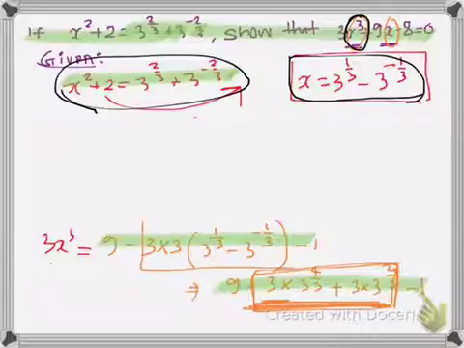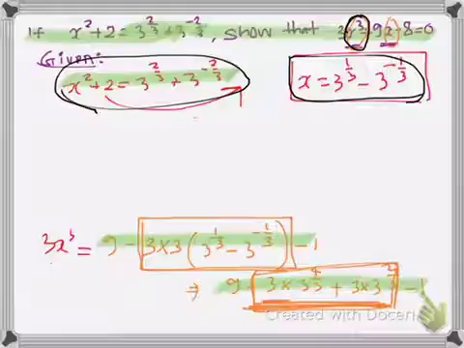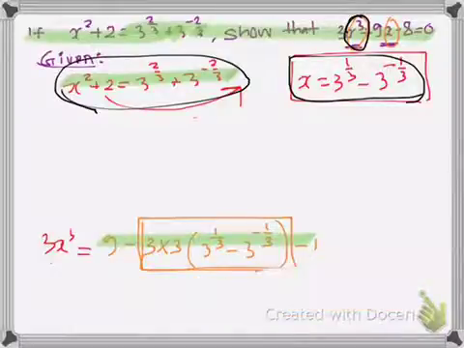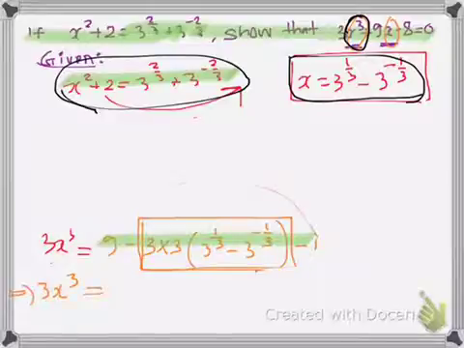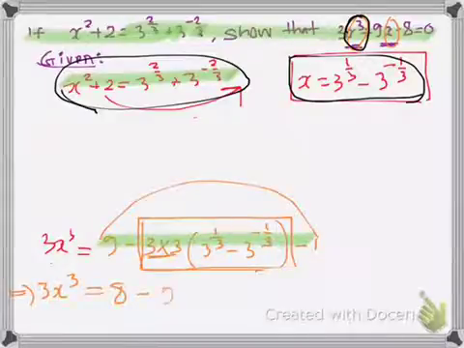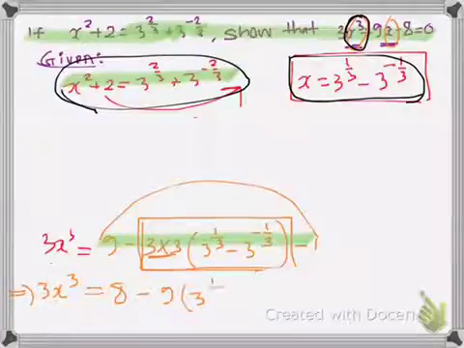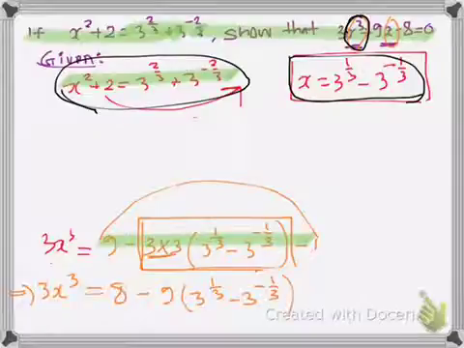This leaves us with these terms, which is the simplest form. So when we further simplify, we get 3x cubed is equal to 9 minus 1 gives 8, minus 3 times 3 gives 9, times (3 to the power 1 by 3 minus 3 to the power negative 1 by 3).